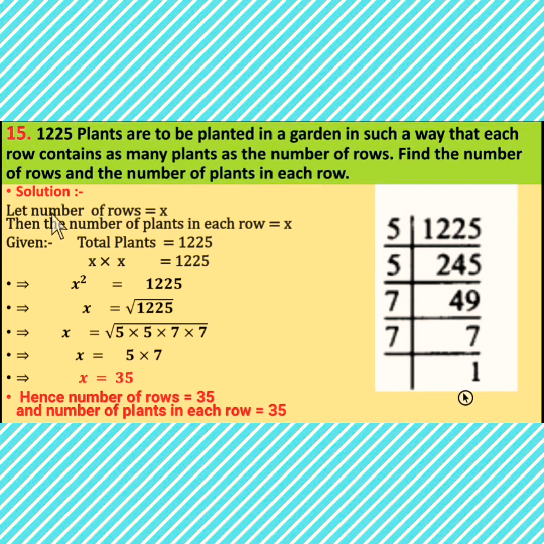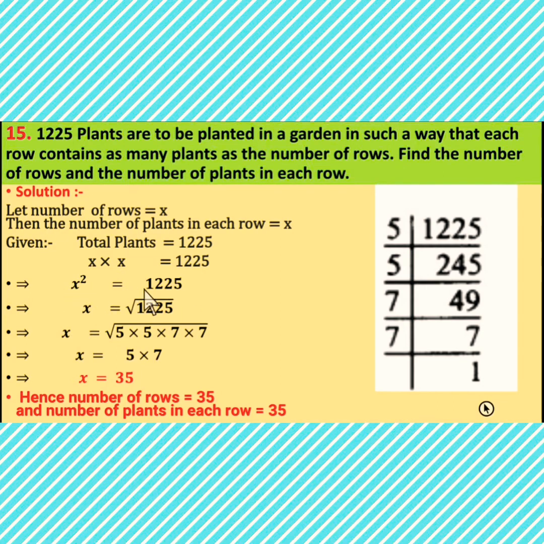So let the number of rows be x. Then according to the question, the number of plants in each row is also x, because the number of rows and columns are equal. Now the total plants are 1225. So how do we find the total plants? It is the number of rows into the number of plants. So x into x equals 1225. When x is multiplied 2 times, it becomes x square equal to 1225.